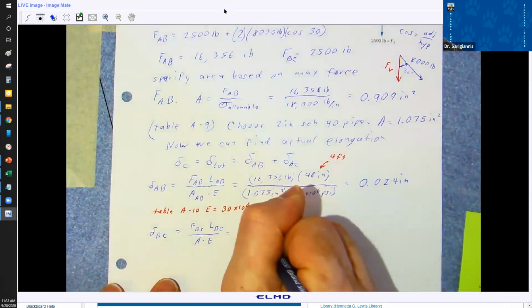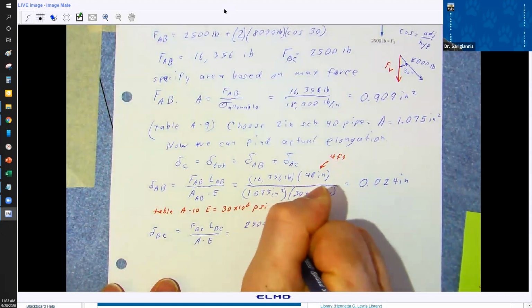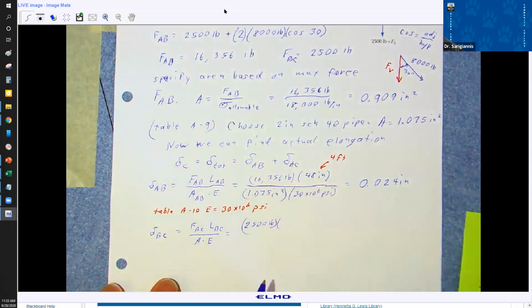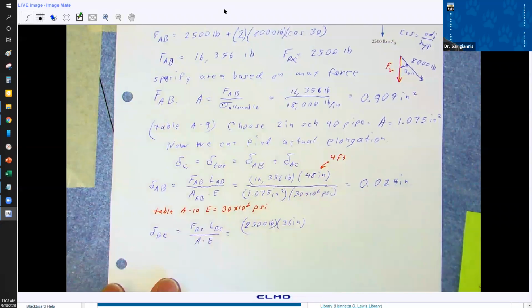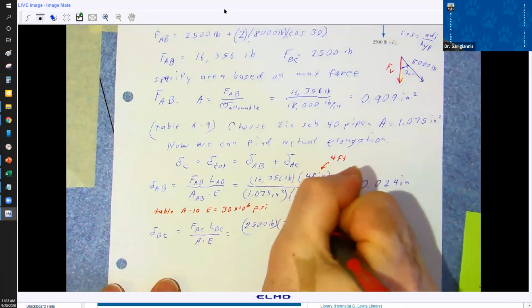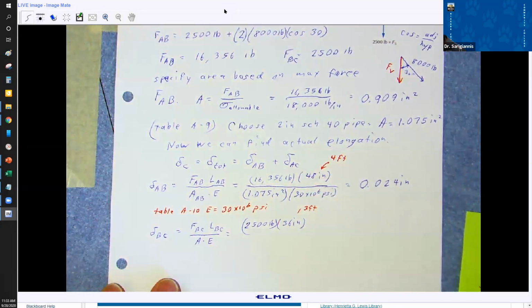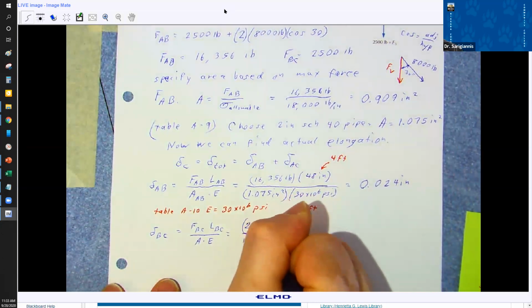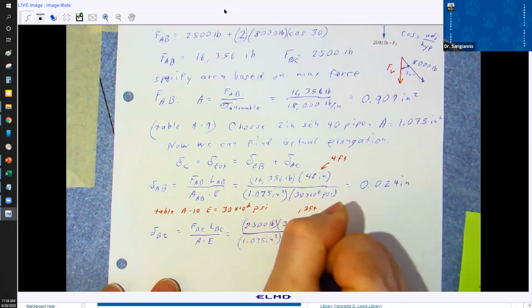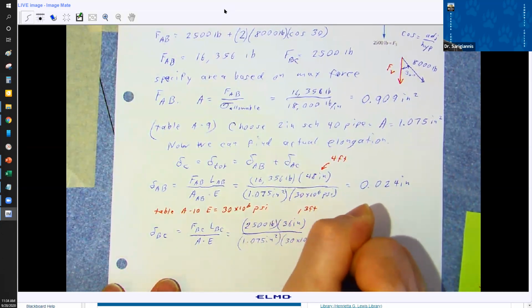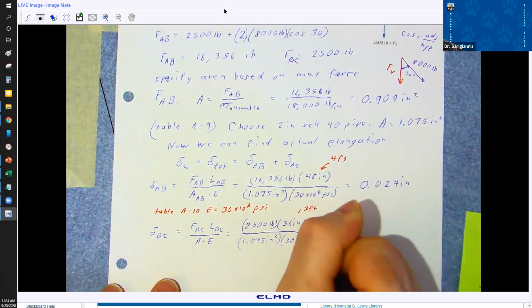So that's what we have up here. Our length is 3 feet, so that's 36 inches, right? 3 feet. And then our area is the same thing, 1.075 inches squared. And our stiffness, 30 times 10 to the 6th PSI.